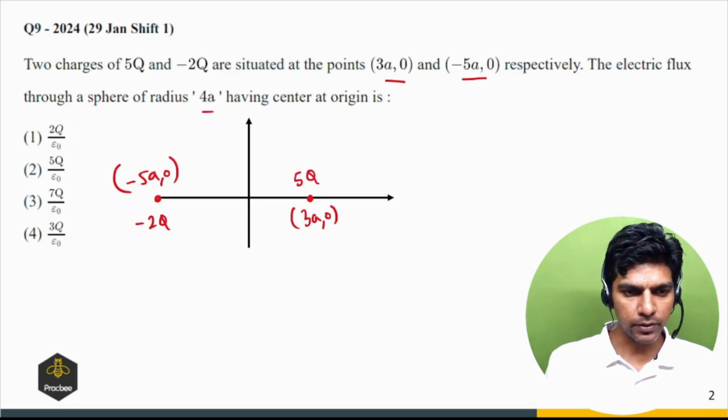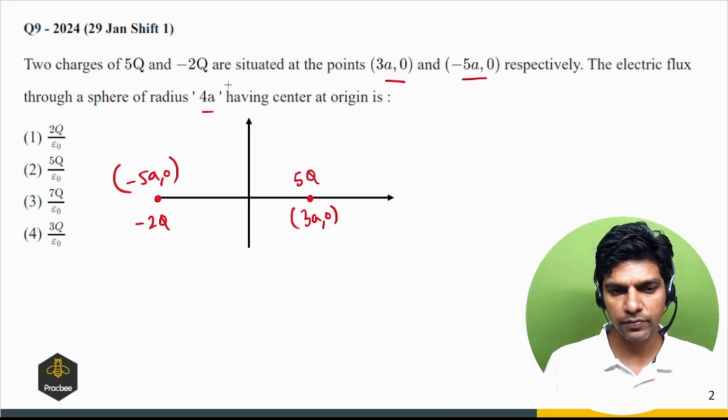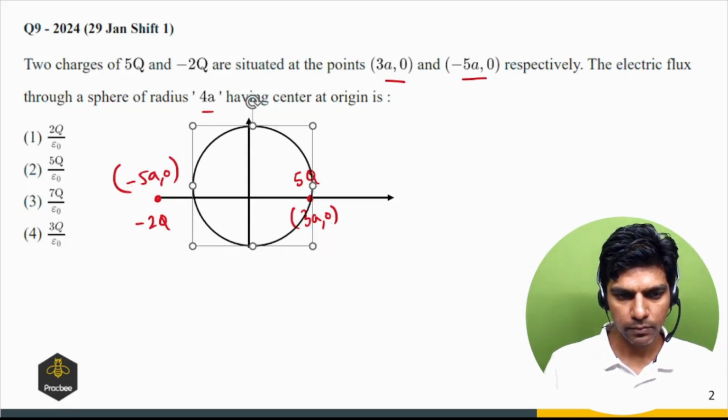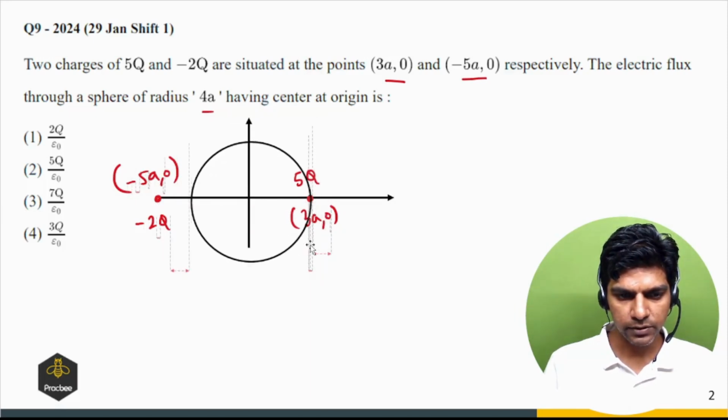So if I consider a Gaussian surface which is given in the question, the Gaussian surface is having a radius 4a and having a center at the origin. So let's say this is the Gaussian surface.